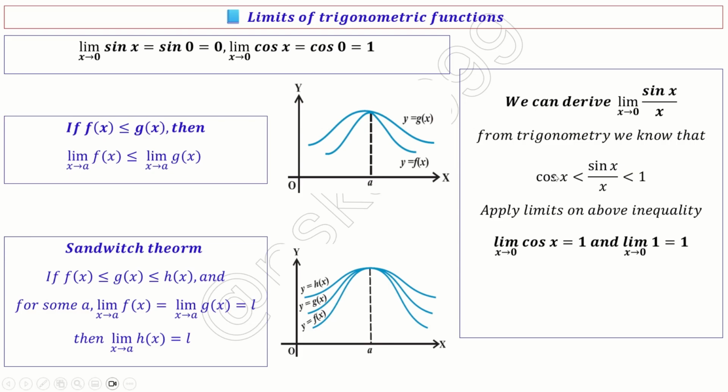So the first one and the third one are both equal at x tends to 0. When x is nearing 0, cos x is equal to 1, which means these two are equal. That means sin x by x also should be equal to 1. Right? There is no other option because we just now understood the sandwich theorem, right? So from the sandwich theorem, we can say that limit x tends to 0, sin x by x equals 1.